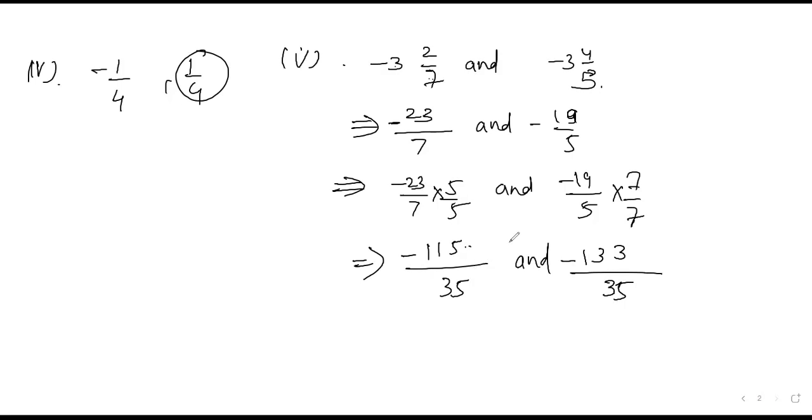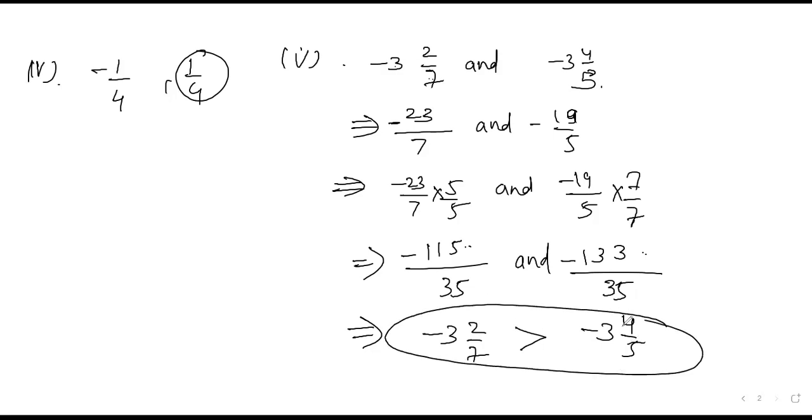Clearly this one is greater than this one. This implies that minus 3 whole 2 upon 7 is greater than minus 3 whole 4 upon 5. This is the process, that you will get the correct answer, which one is greater, which one is smaller.